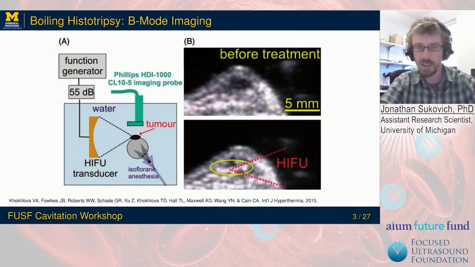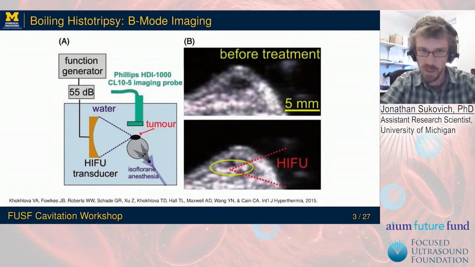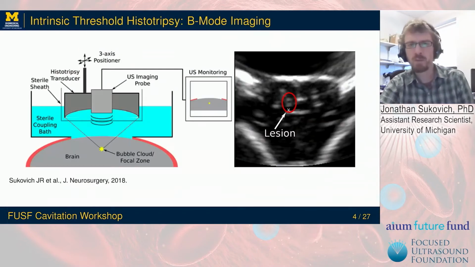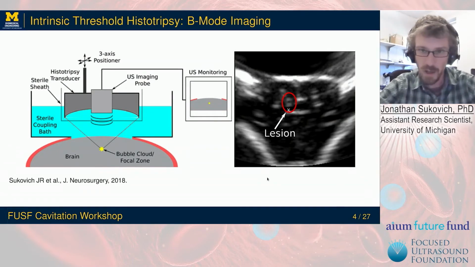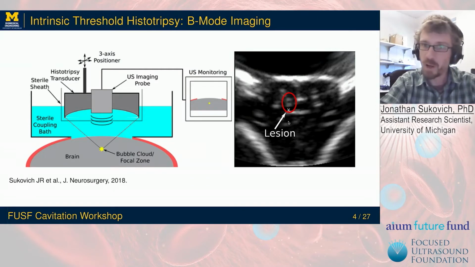This is an example image from an experiment using boiling histotripsy to do melanoma ablation in a murine model. But we've also shown that in intrinsic threshold histotripsy, you can use B-mode imaging to evaluate bubble cloud generation as well. And this is an image showing B-mode imaging results of a bubble cloud in brain tissue treatment.